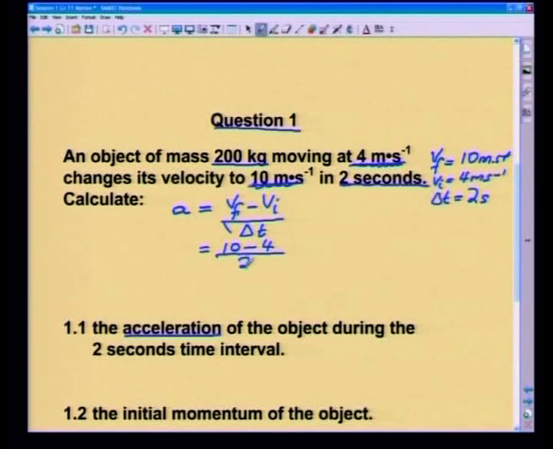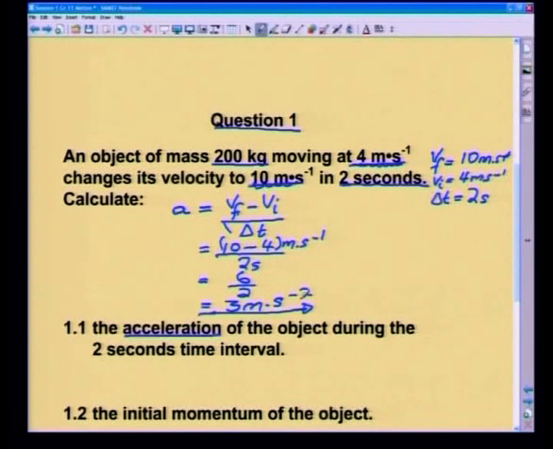And what is our answer? 10 minus 4 is 6 divided by 2. Here we know that the unit is meters per second. 6 divided by 2 is going to give us 3. This will be 3 meters per square second. That will be the acceleration of the object.